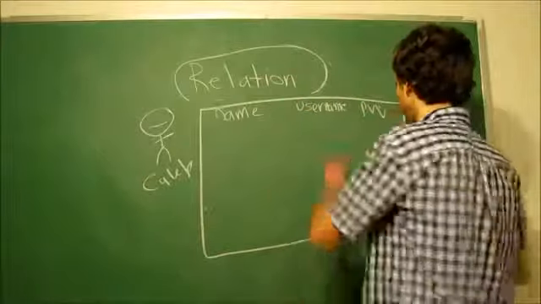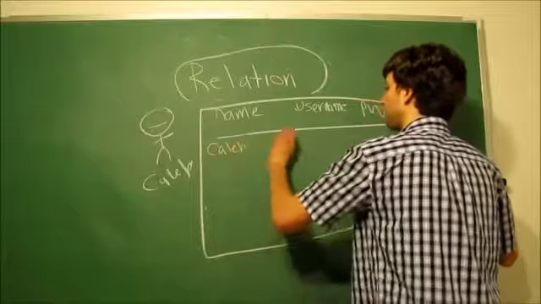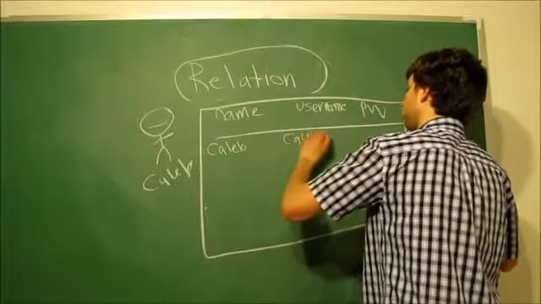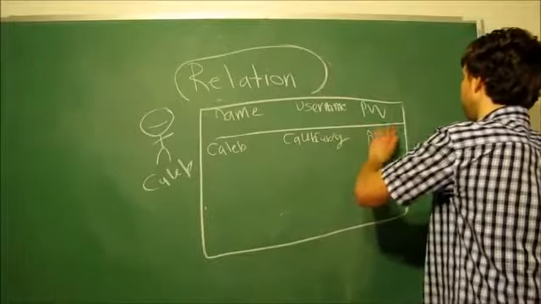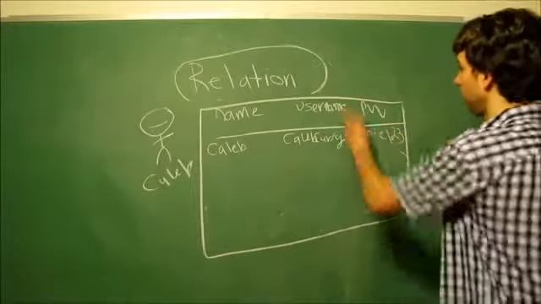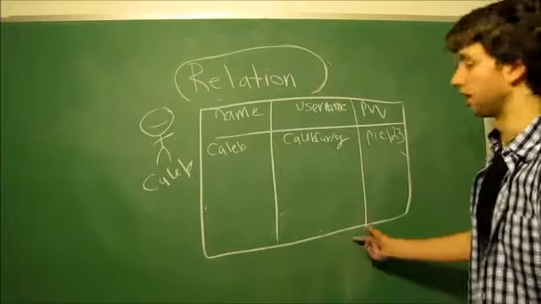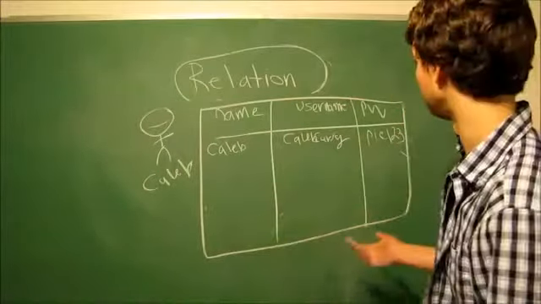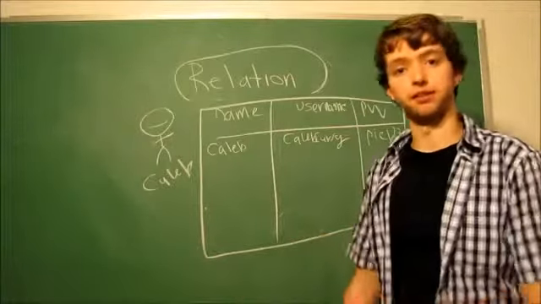So we take his name, Caleb. We take his username, CalebCurry. We take his password, pi123. We kind of get this table concept. It almost looks like a spreadsheet that we talked about in the last video, although it is slightly different, and we'll be talking about that as time goes on.